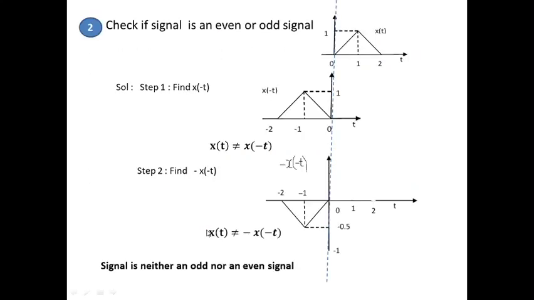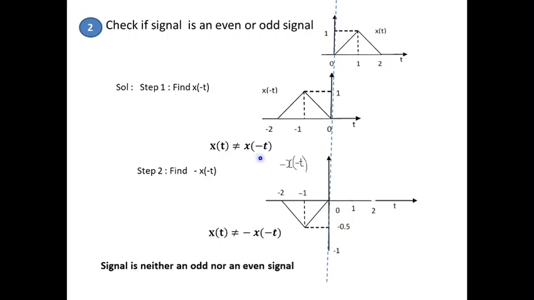So we have taken the previous example itself. In the previous example, we identified the even parts and odd parts. So now we will identify whether it is an even or odd signal. As usual, we take x of t and x of minus t, and I am applying the first condition. I am checking whether x of t is equal to x of minus t. No, x of t is not equal to x of minus t, right?